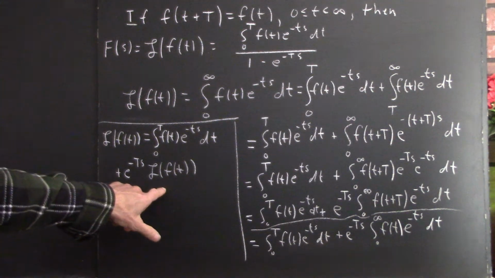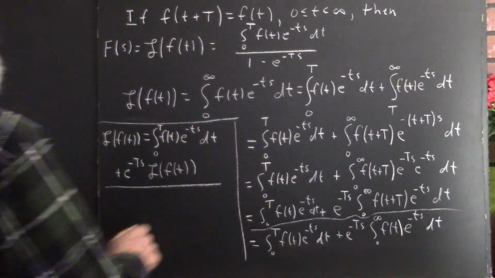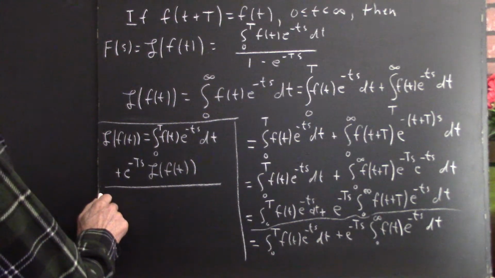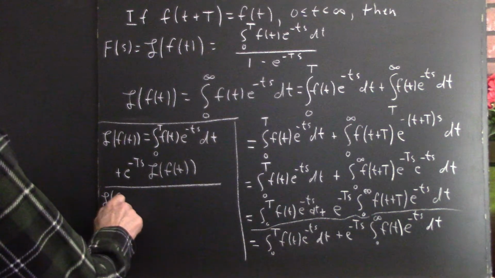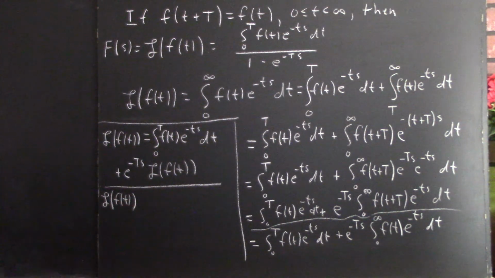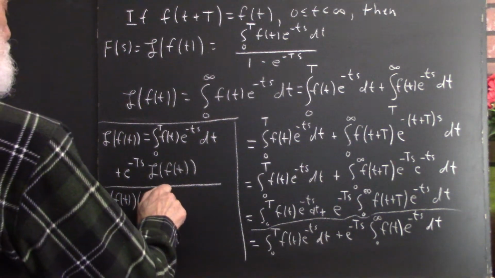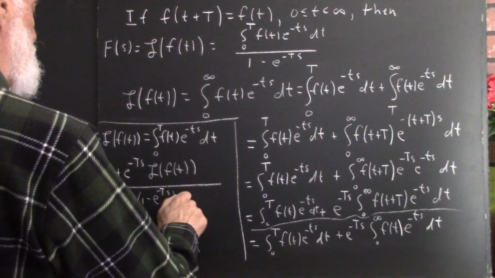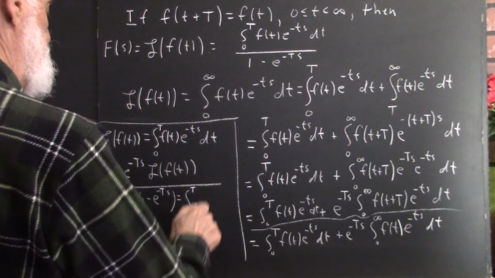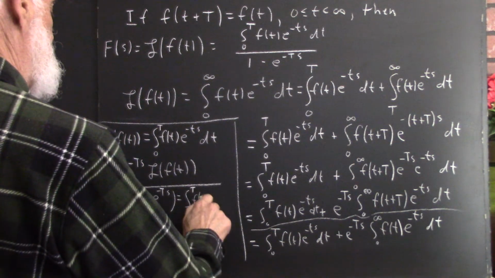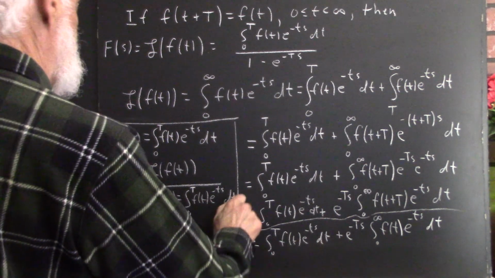If we subtract this from both sides, we get the Laplace transform of f of t times 1 minus e to the negative capital Ts equals our integral from 0 to capital T of f of t e to the negative ts dt.